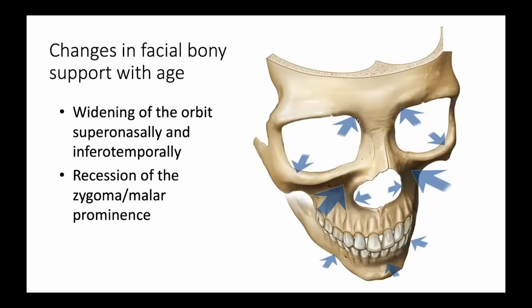But in addition, we have a number of changes going on even in the bone structure. So as we age, the orbital bones themselves are actually moving. And we see that the orbit itself is enlarging both superomedially, so it's in and up, as well as inferolaterally or down and out. We also find that the cheek itself is recessing. It's actually moving back relative to the orbit.